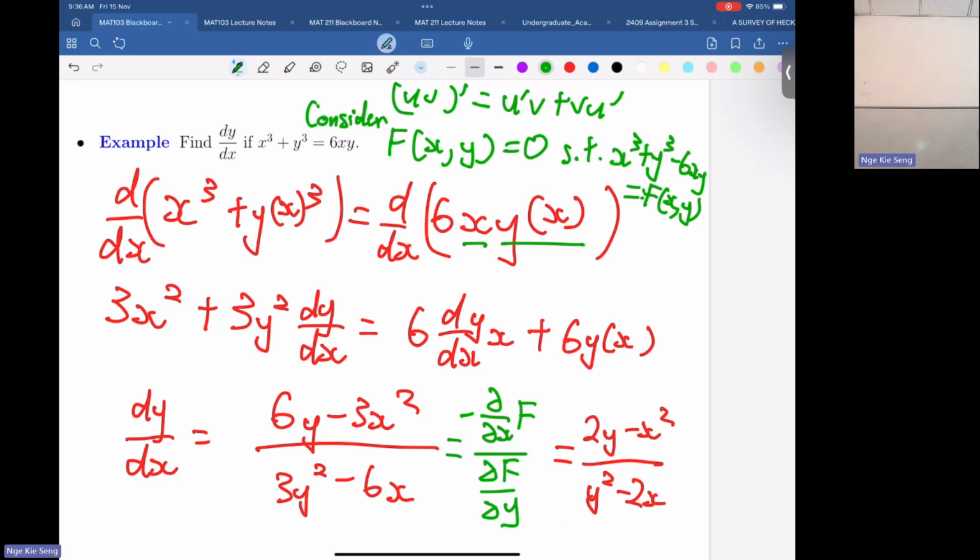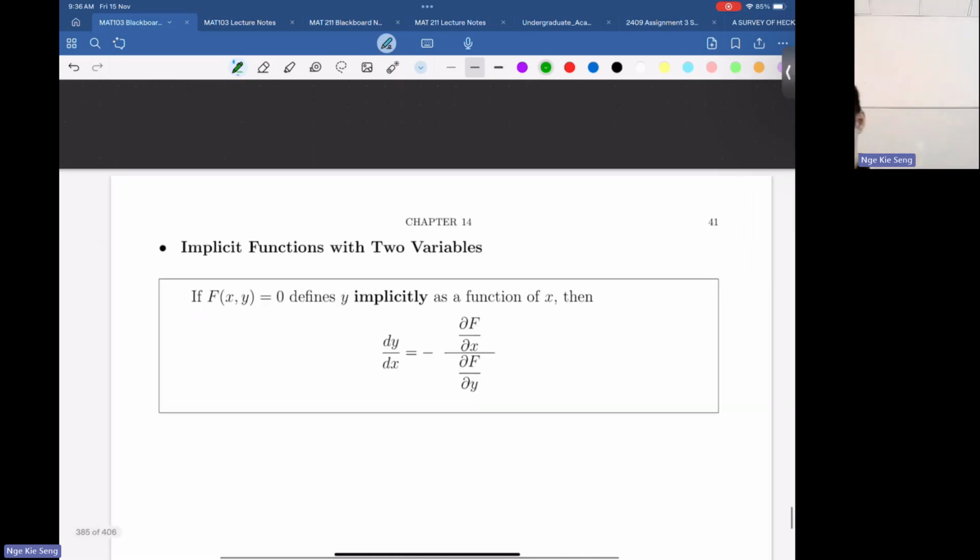So instead of doing all of these, this is the actual formula to get the answer here, and this is the content of the theorem. If you have a level curve which defines y implicitly as a function of x, then how do you compute dy over dx? It is minus del f over del x over del f over del y.